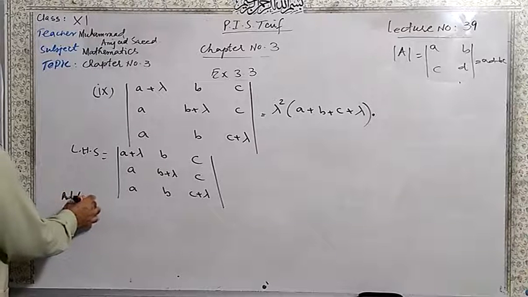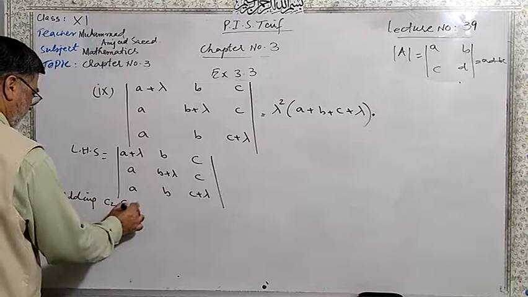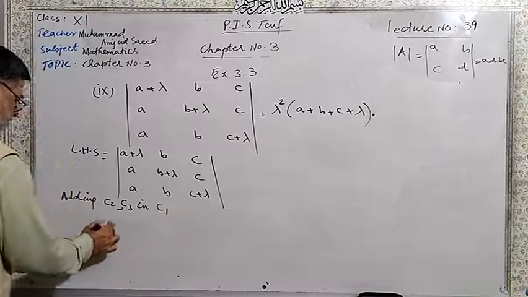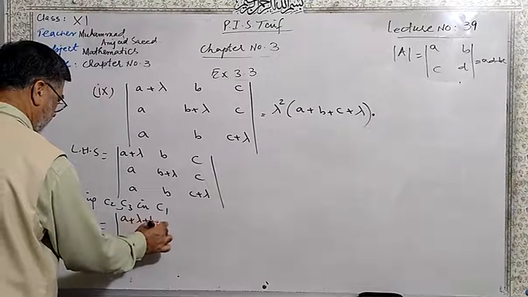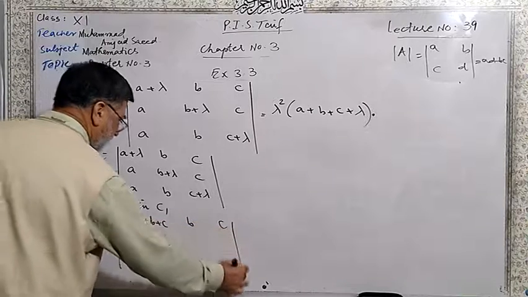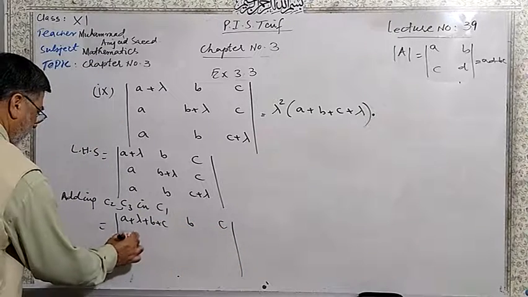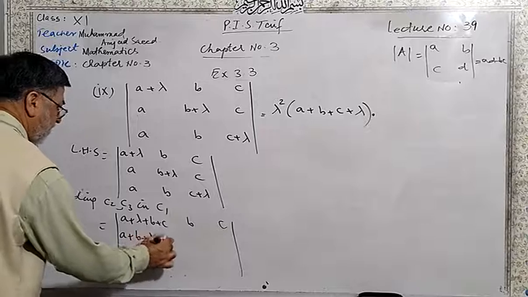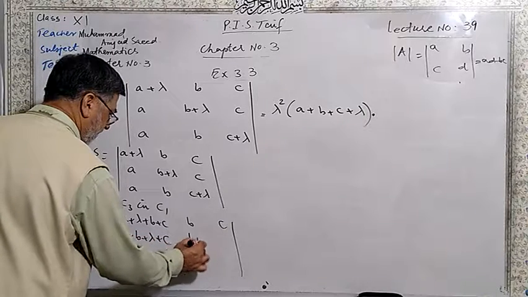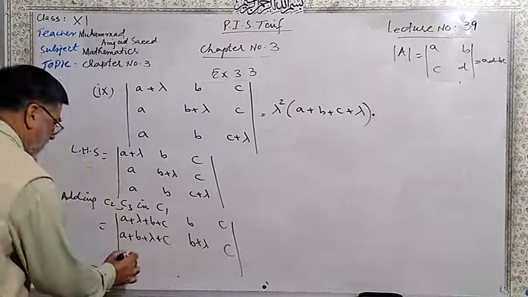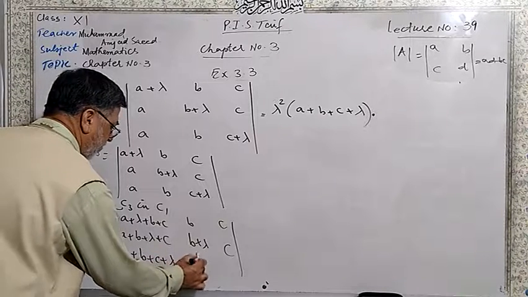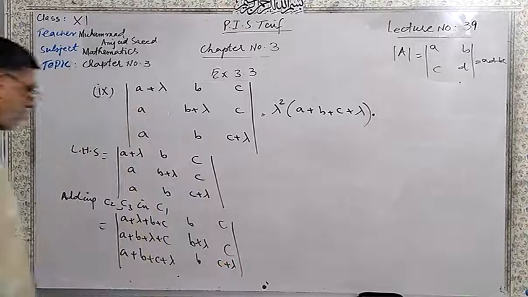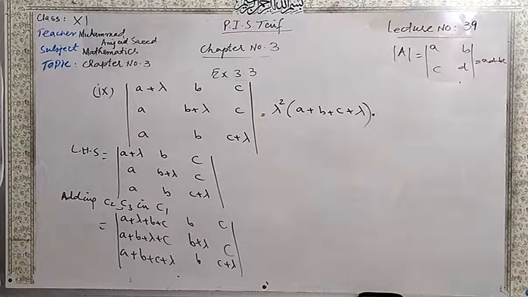Adding C2, C3 to C1, we have A plus B plus C plus lambda in each row of C1.